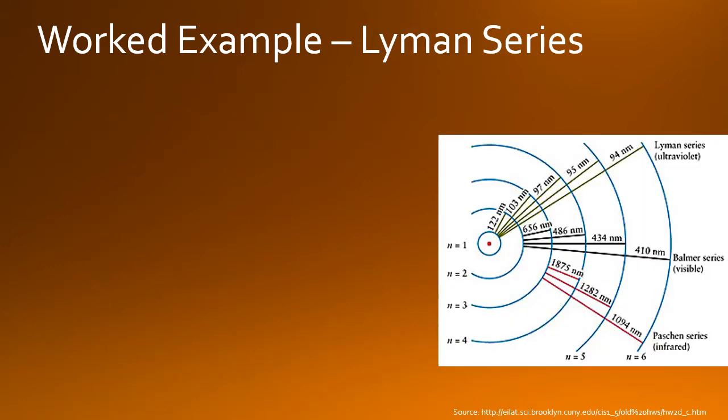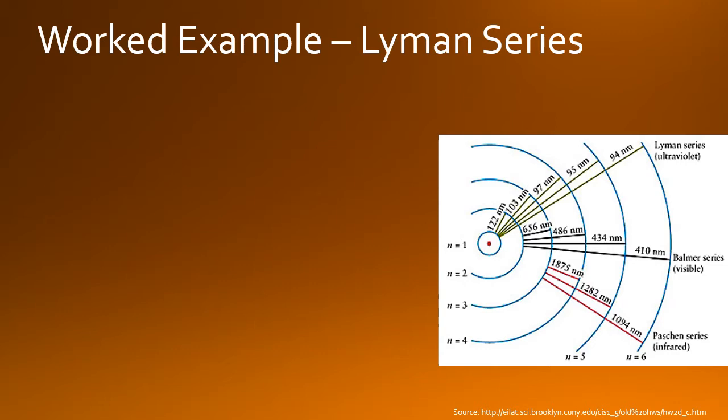Well, Balmer wasn't the only one who came up with a series. Scientists by the name of Lyman discovered an invisible set and a series of orbitals where electrons fall from orbital 6, orbital 5, orbital 4, orbital 3, orbital 2, all the way down to orbital 1.